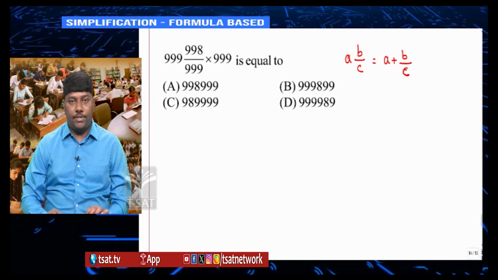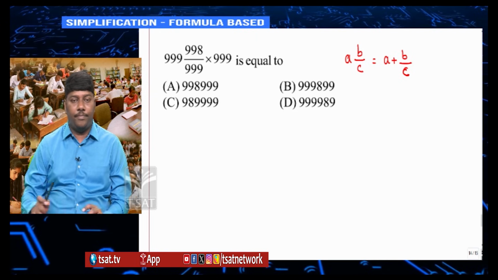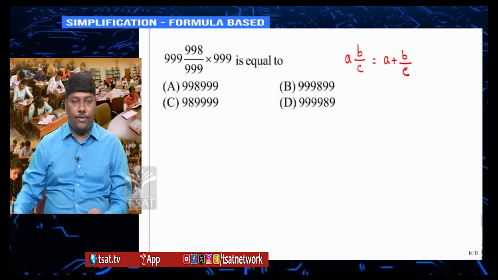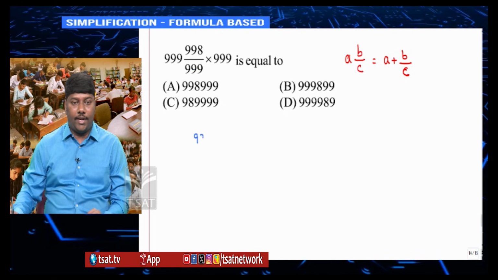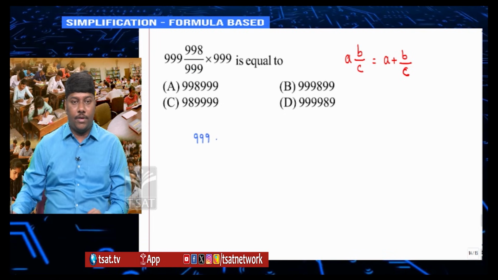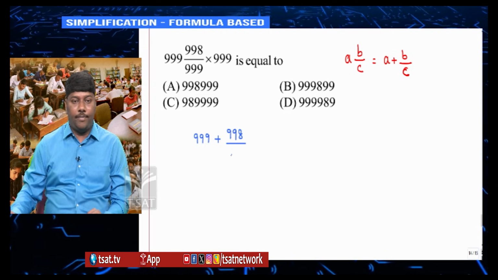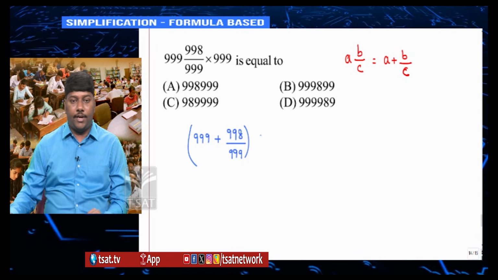But before we solve this particular question, this question can be solved in more than one way. So the normal way of solving it, if you write it in the form of a plus b by c, you can write it 999 plus 998 divided by 999 into 999.